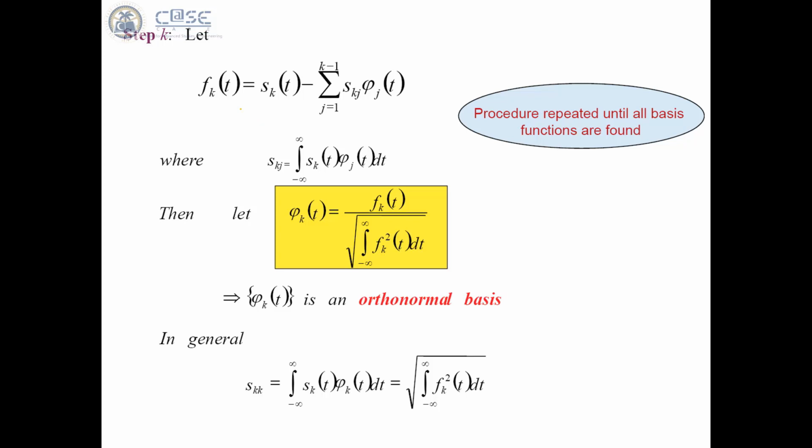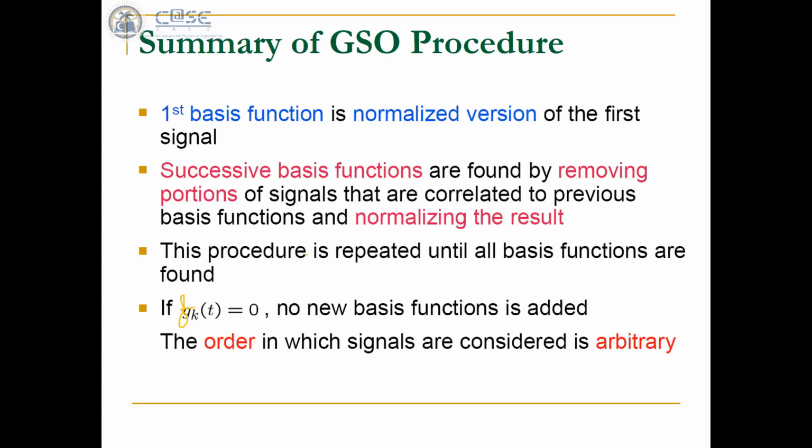So you only add the basis function in your basis signal set when this f k of t is non-zero. So this procedure is repeated until all the basis functions are found, and if f k of t is equal to 0 in any step, then no new basis function is added into the basis function set.